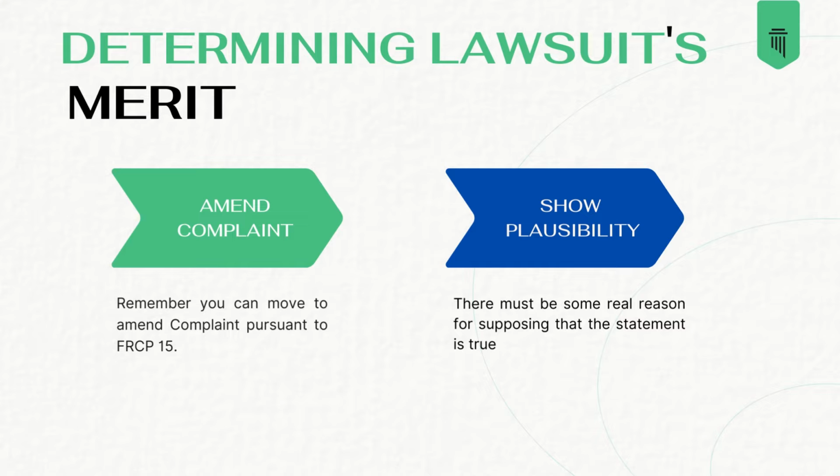Plausibility is not only a strong weapon against the motion to dismiss, but also against a frivolous lawsuit claim. We've talked about plausibility. There must be some real reason for supposing that the statement is true.